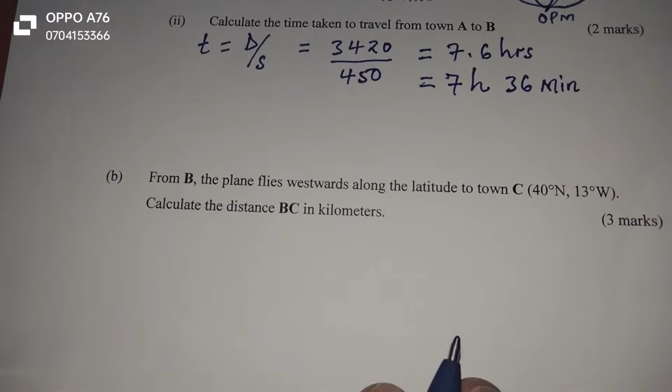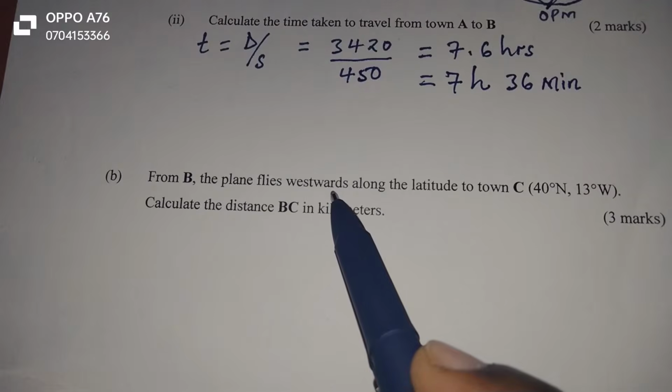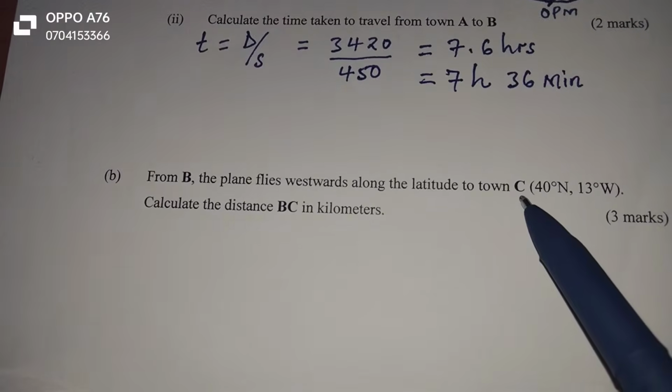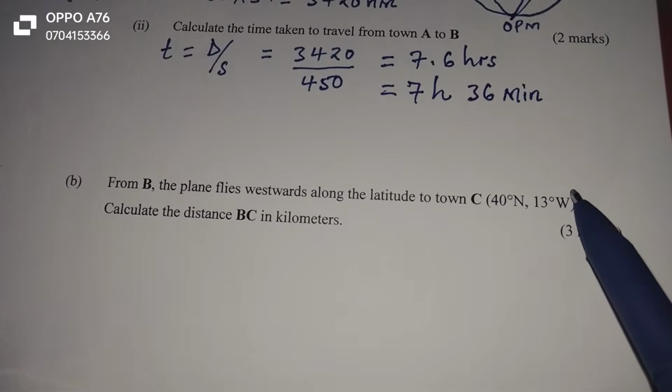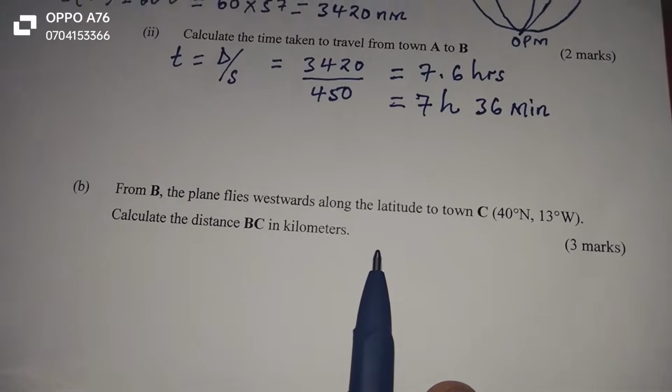Part B, we are told that from B, the plane flies westwards along the latitude to town C, 40 degrees in the north, 13 in the west. Calculate the distance BC in kilometers.